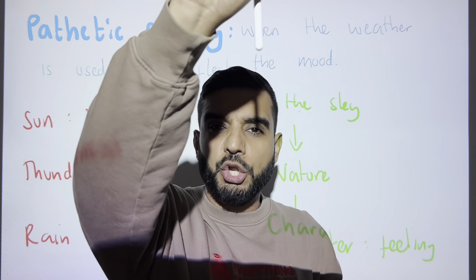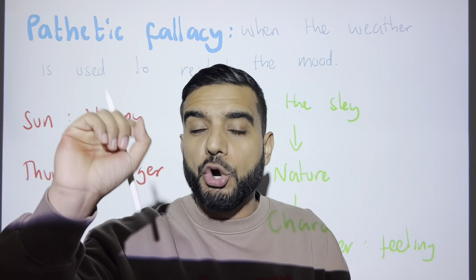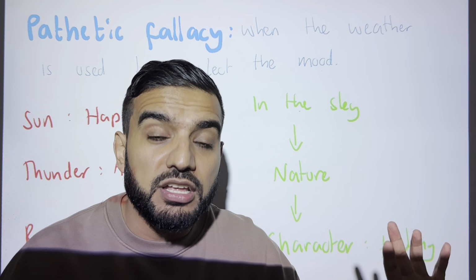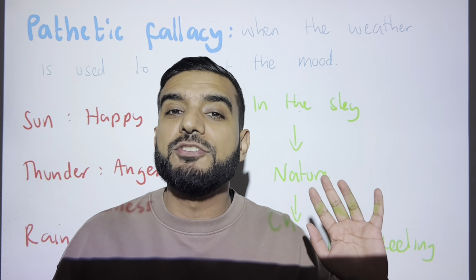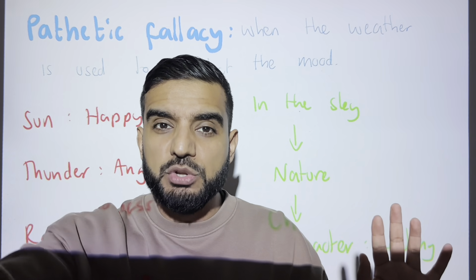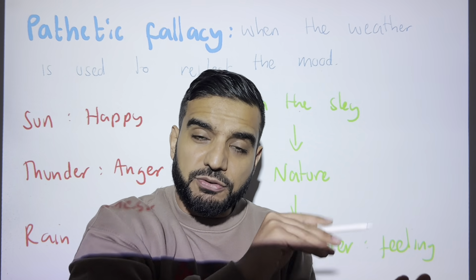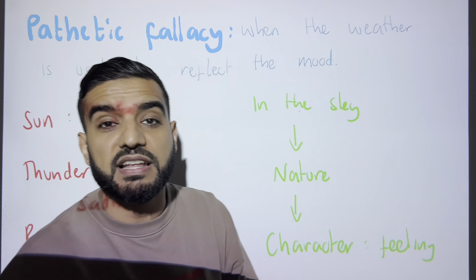All 3 of them are going to match the same energy. So if the sun was positive, beautiful, and the tree or the flower or whatever you've chosen is positive and beautiful, then your character, when you're describing their feelings, is going to be happy. Life is going to be good. And by the time you finish doing that, the weather you began with ended up reflecting the mood of the text, and you've used pathetic fallacy.